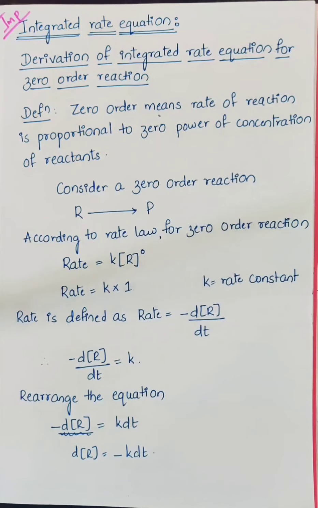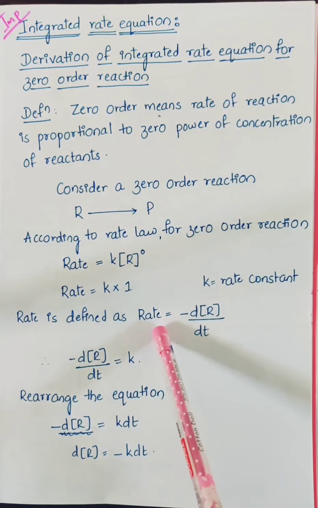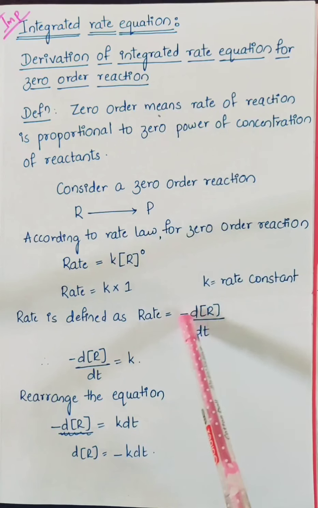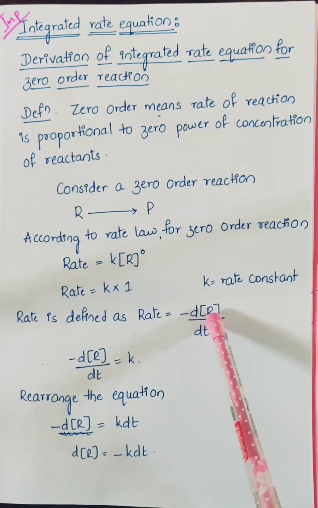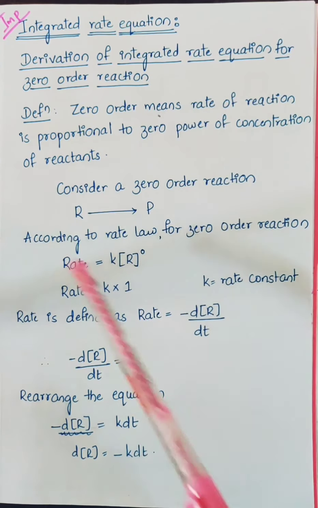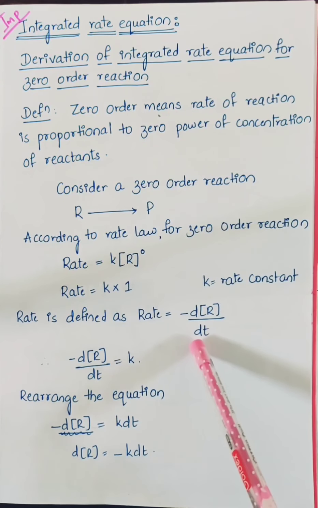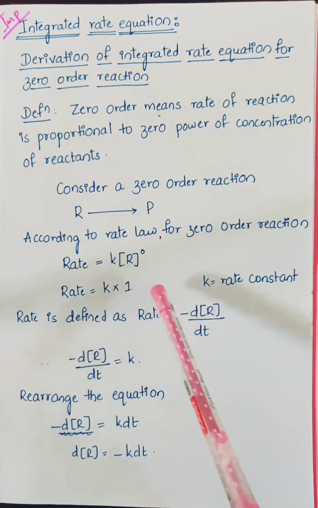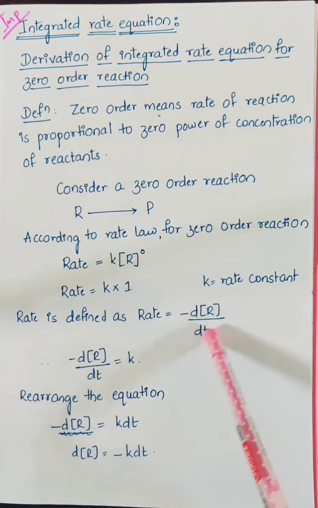So according to the differential rate law, rate is equal to the change in concentration, where d refers to a small change, of the reactant R. The reactant concentration goes on decreasing, so I am writing a minus sign over the change in time. The first equation is according to the rate law, and this one is according to the differential rate law.